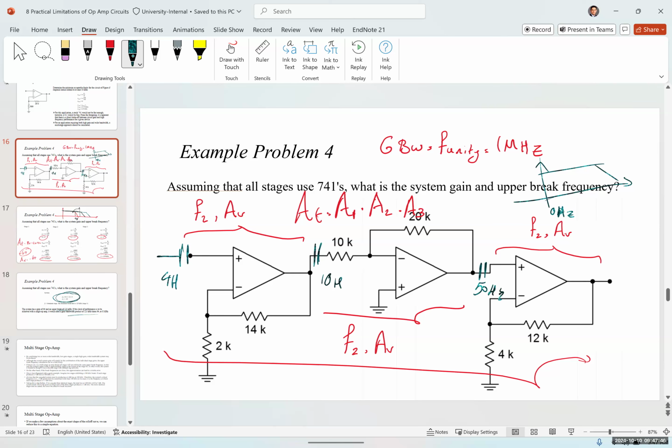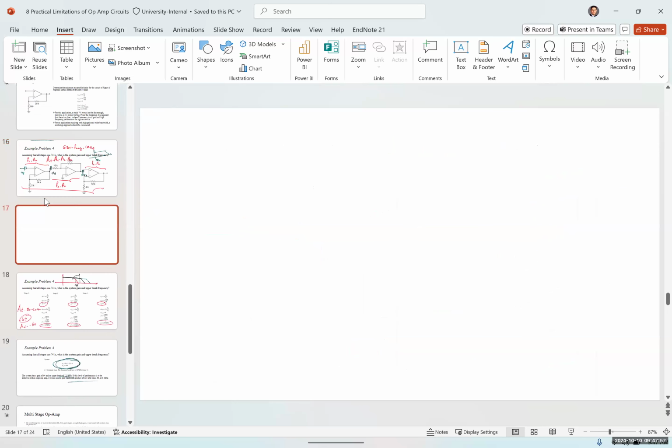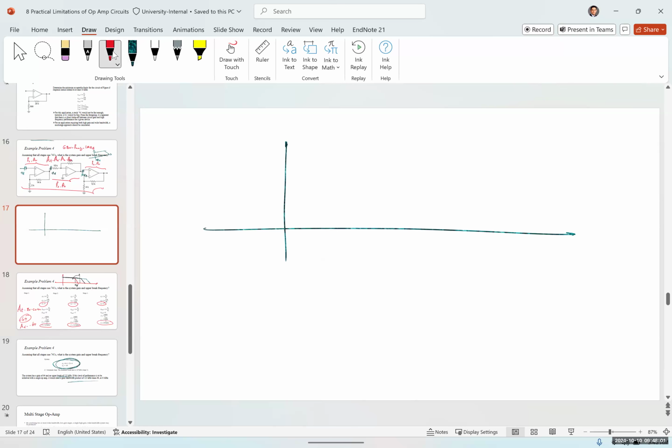10, 4. So the graph would look like this. Let me draw it. So now we have 3 different op amps. One op amp is between 4 hertz and, how much was it?